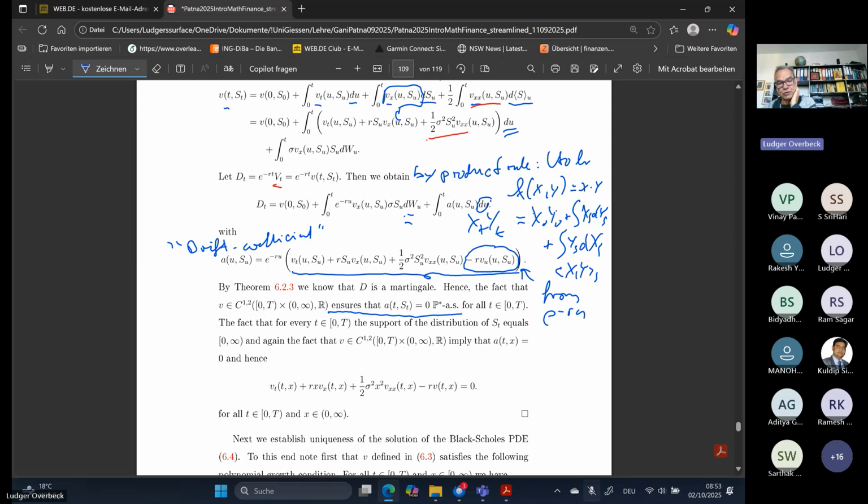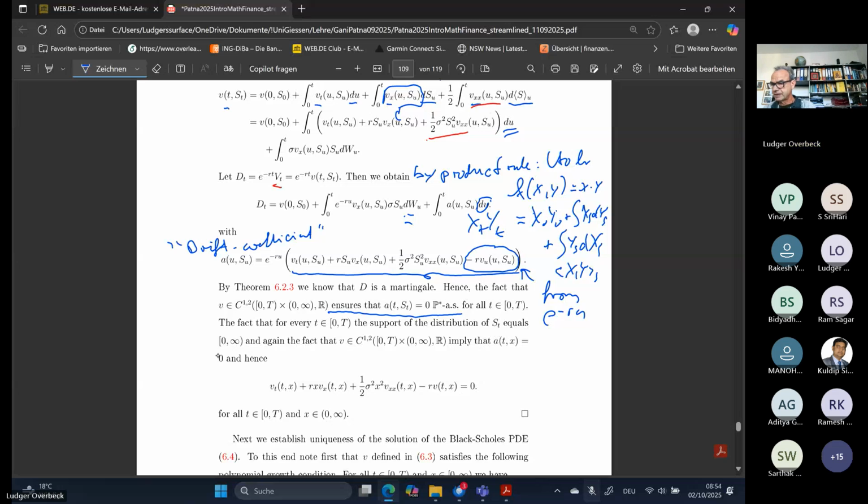Okay, we have to show that from this equation, which holds only P star almost surely for all t, we have to prove first, or to show that ST takes any value in R plus.